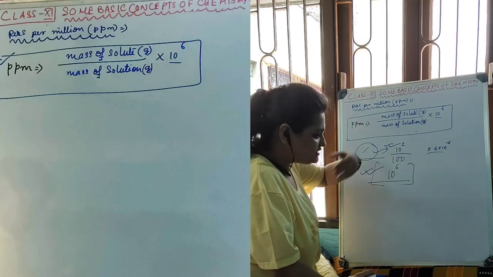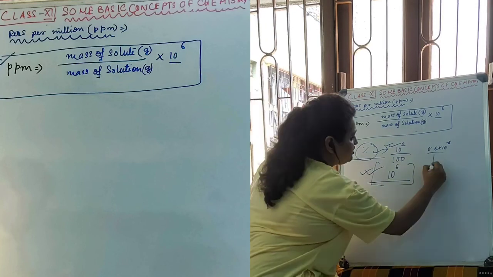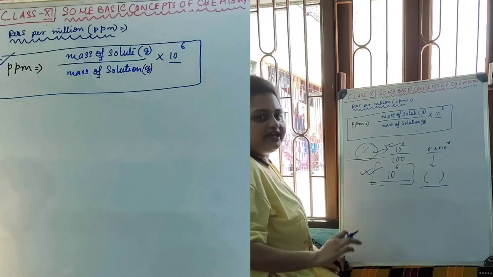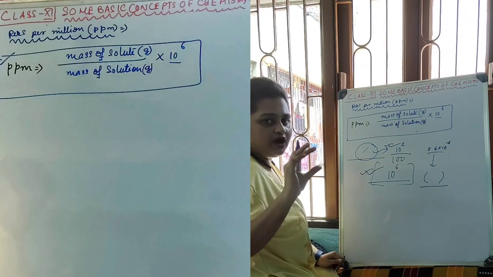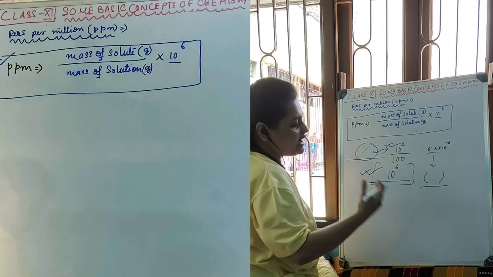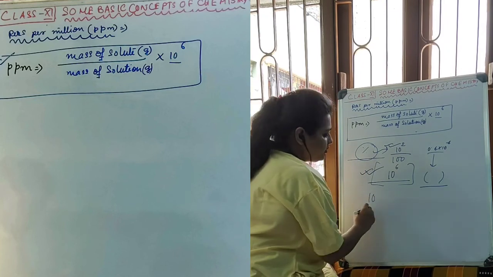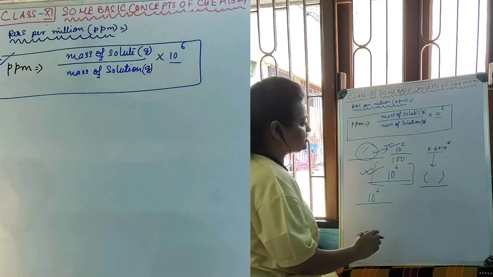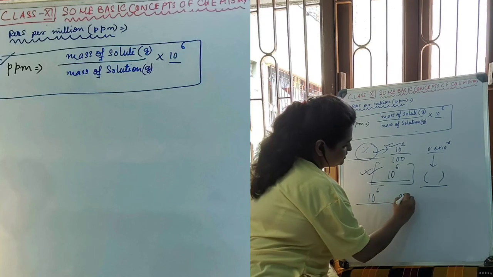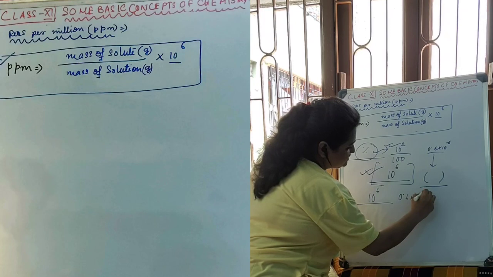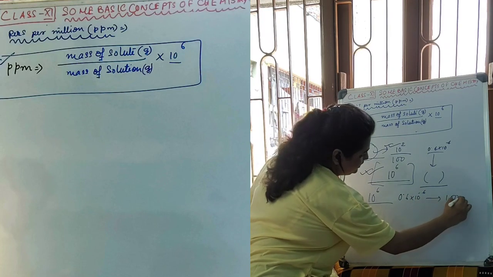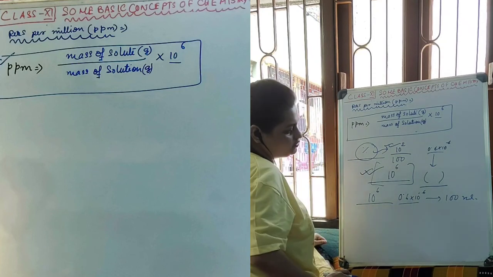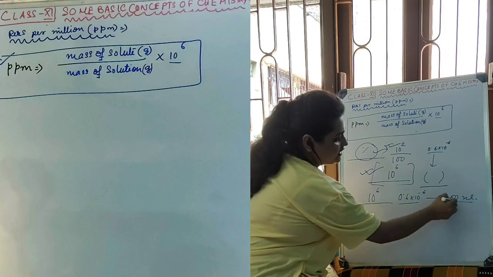So to represent and calculate it with a much easier number, instead of 100 ml, instead of 100 gram, instead of 100 amount of solution, we find out what the amount would be if we take 10 lakh amount of solution. Supposedly, you have found 0.6 into 10 to the power minus 6 amount of solute in 100 ml of solution.